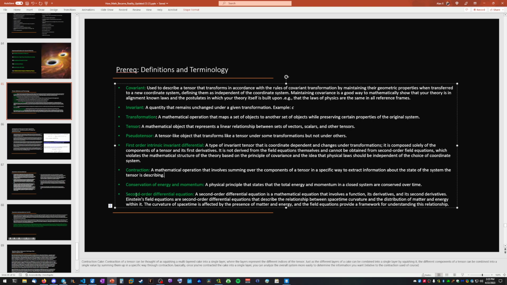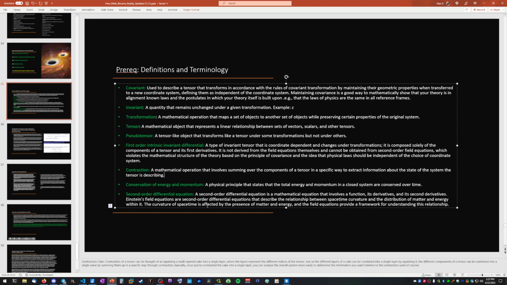So, and then a second order differential equation. A second order differential equation is a mathematical equation that involves a function, its derivatives, and its second derivatives. Einstein's field equations are second order differential equations that describe the relationship between spacetime curvature and the distribution of matter and energy within it.